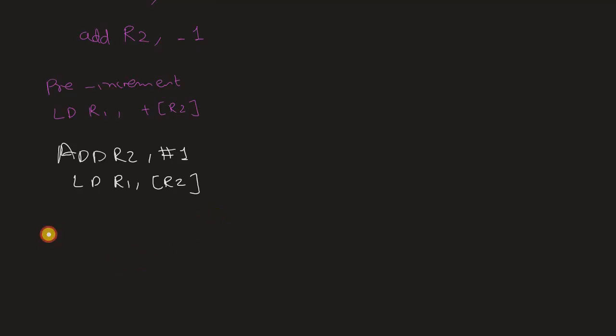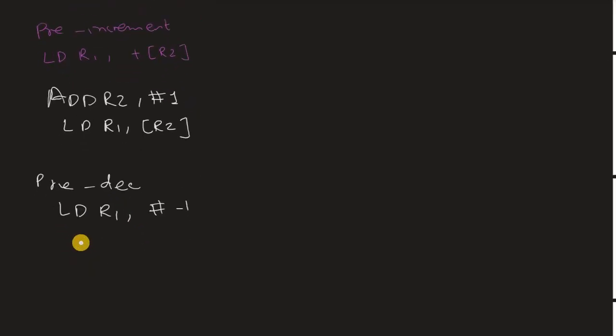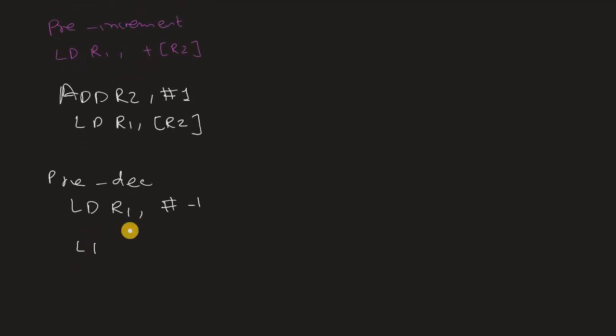And then we also have pre-decrement, and of course you already know by now what it's doing, right? So we have load R1, and then we have a -1 over here. So it should be negative over here.